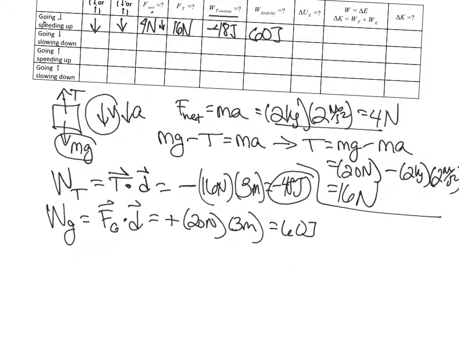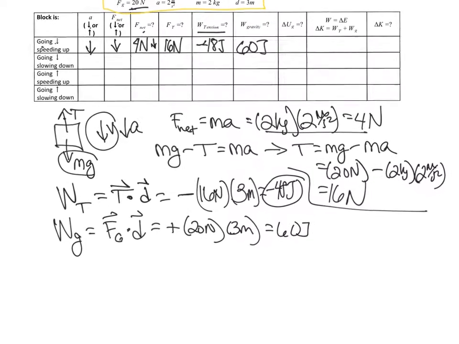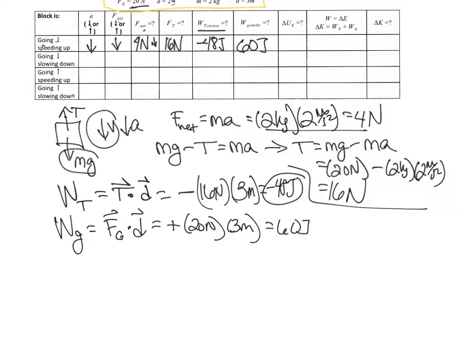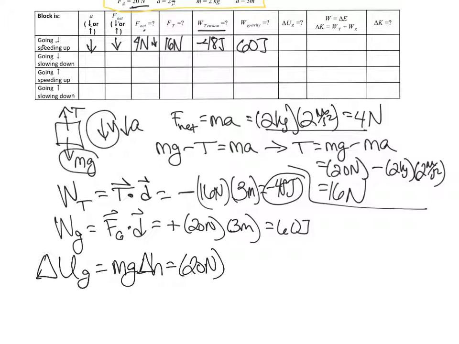Okay, I'm going to try to move up for a second. This thing got kind of jiggly. Okay, then let me get back to a pen. The change in gravitational potential energy is mg delta H. So mg is 20 newtons. Delta H in this case, because we're going down, is negative 3 meters.